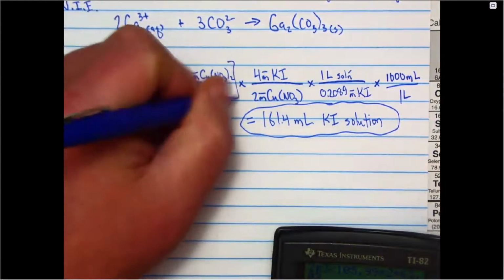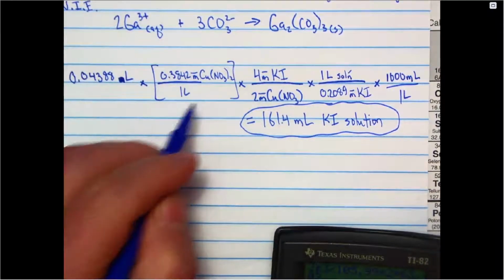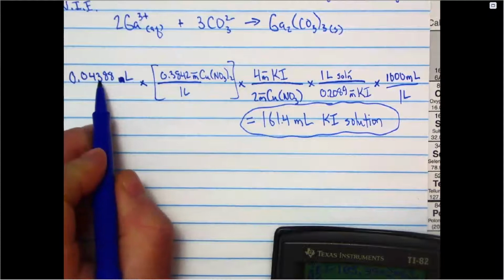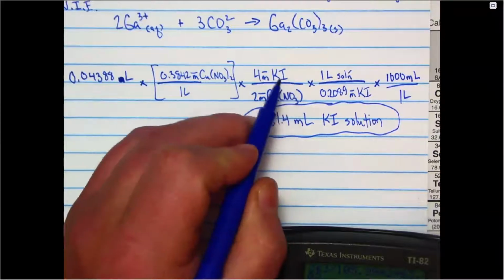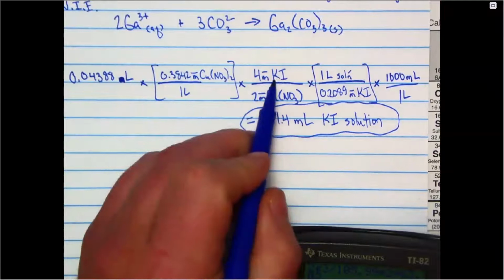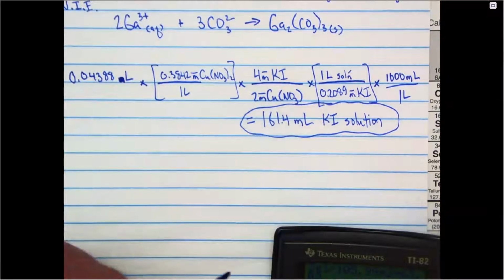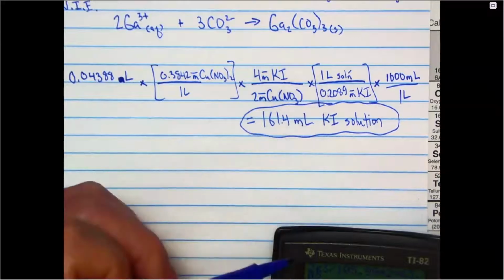Here, that first conversion, we're using concentration as a conversion factor to convert from a volume of solution into a number of moles. Here, we're using our conversion factor to convert from a number of moles into a volume of solution. That's why we use the reciprocal of the concentration here.